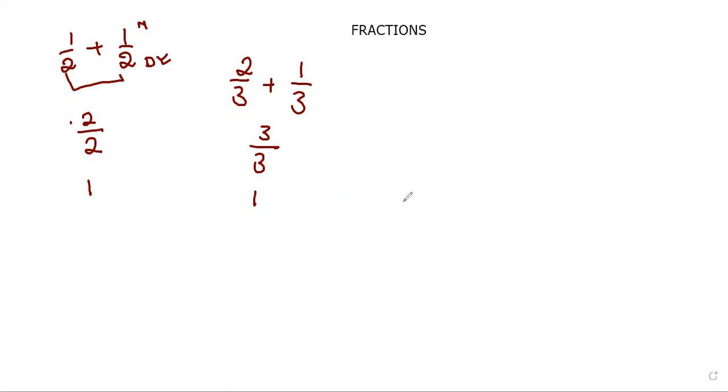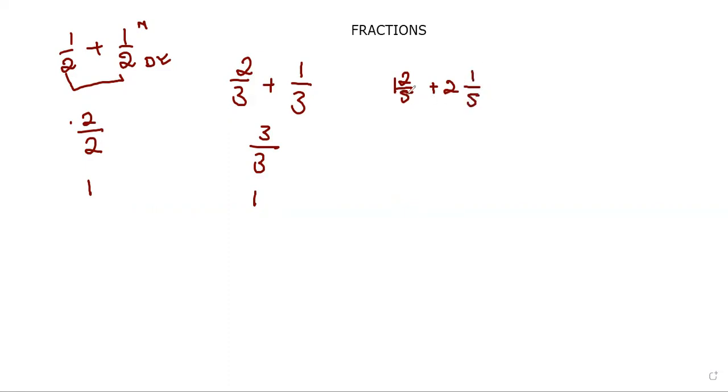Let's do the other one. Even now you can be given fractions like these. Let's say it's 1 and 2 over 5 plus 2 and 1 over 5.